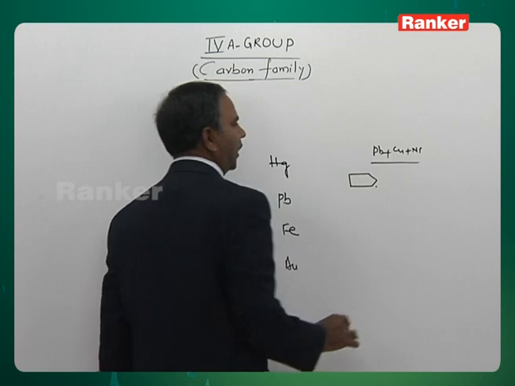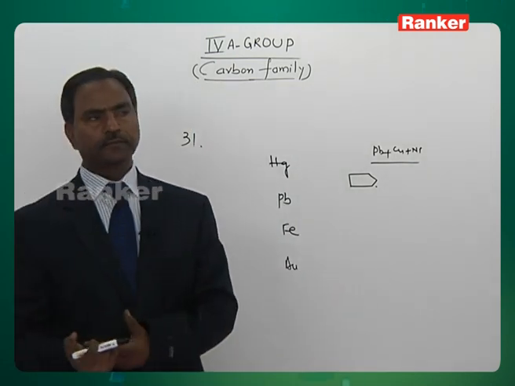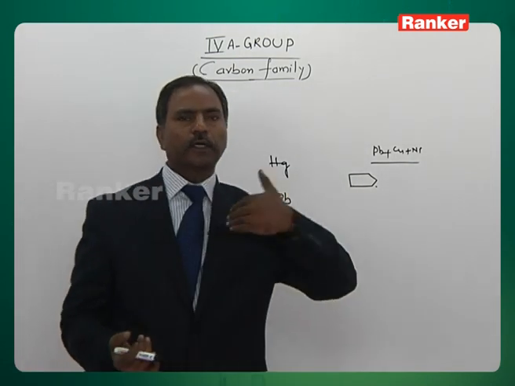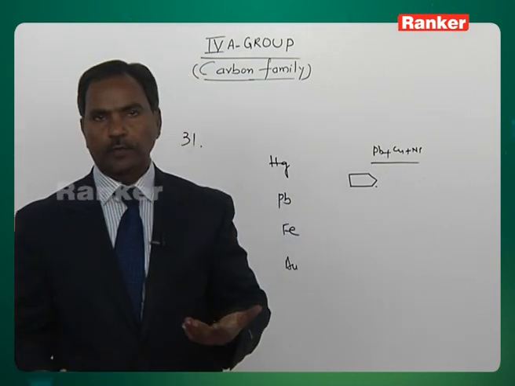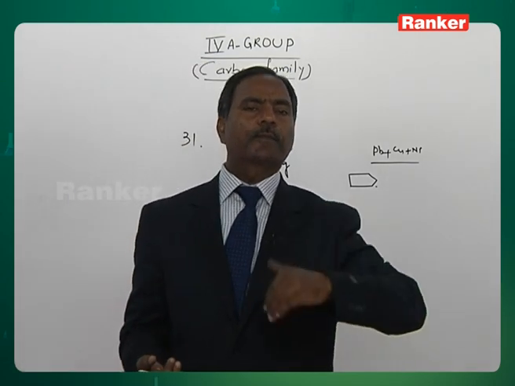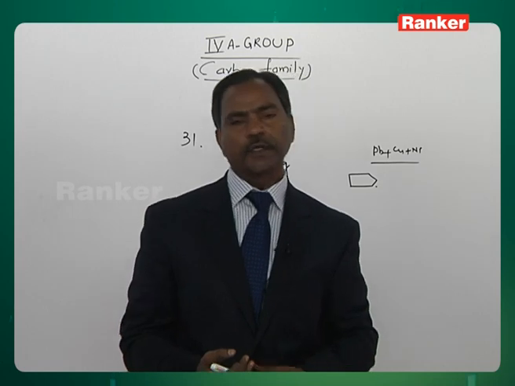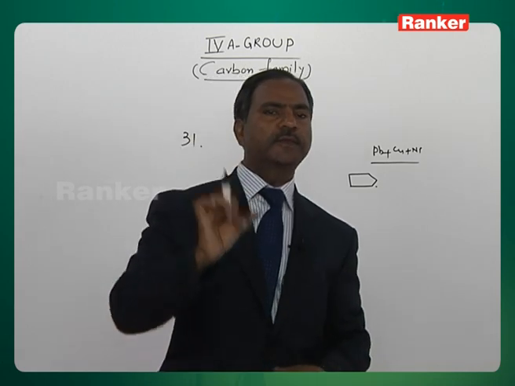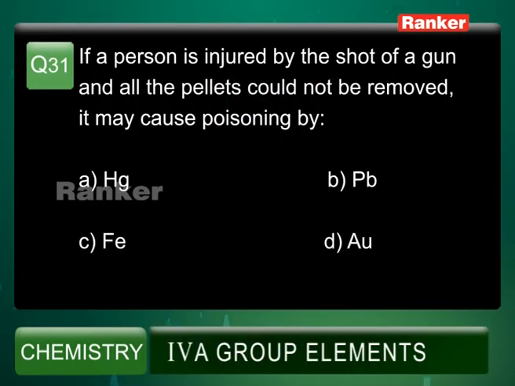These are the things generally the bullet shield is carrying. Then if one of the bullets enters our body and is not removed, the lead may cause a poisonous effect on our body because lead is actually a poisonous metal, you remember. Therefore, question number 31, answer is B.